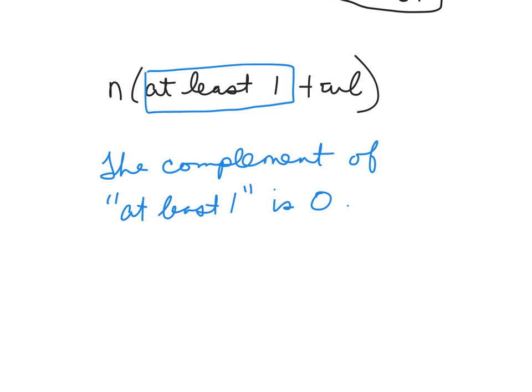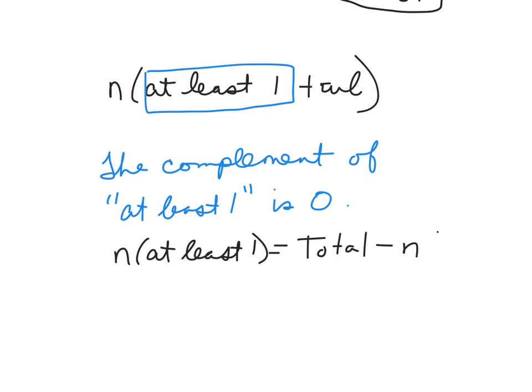So therefore, anytime we get an at least one problem, we're going to use this formula. The number of at least one of something equals the total minus the number of ways I can get 0.